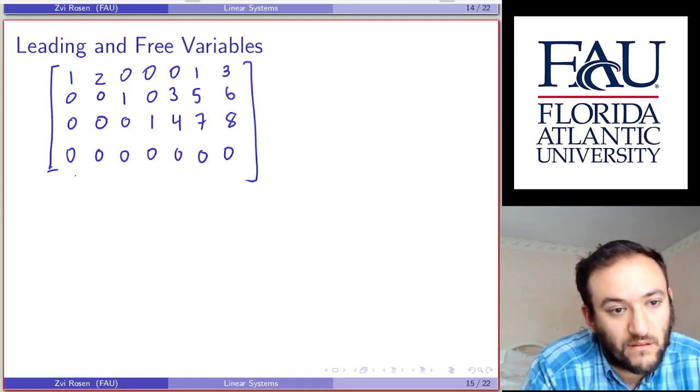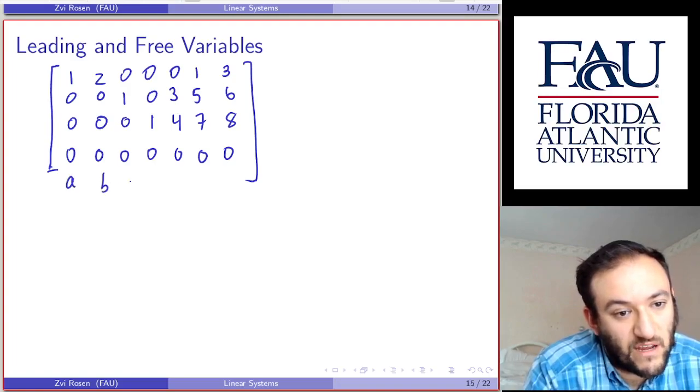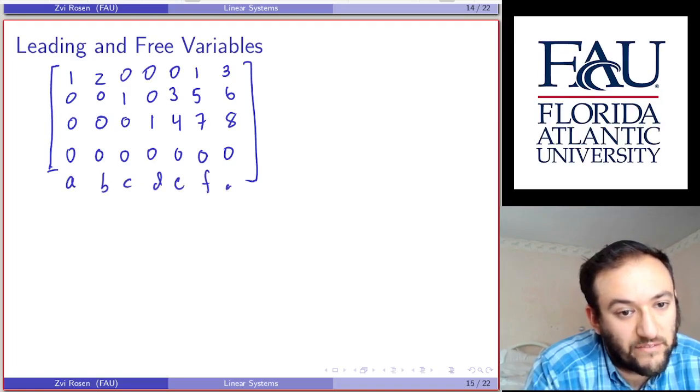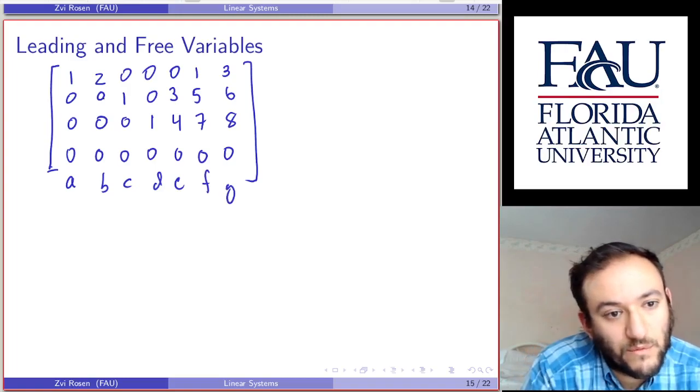So what does this correspond to? Let's say that the names of the variables here are a, b, c, d, e, f, g. What we have here is the following system of equations.